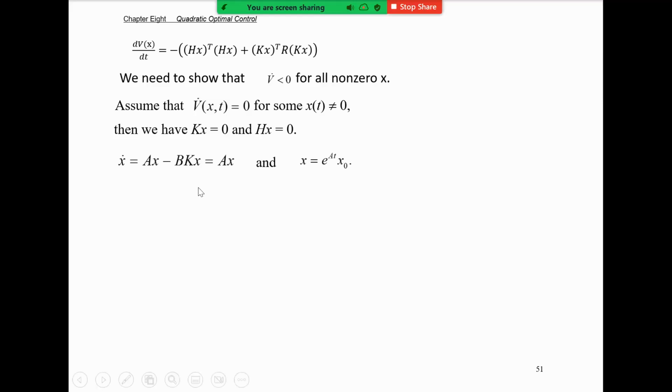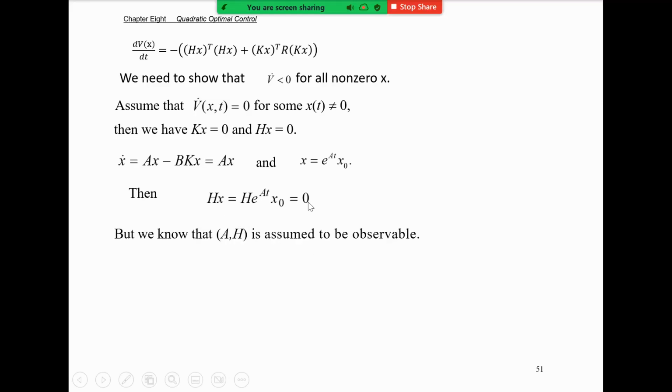Now, then we say, okay, this is the equation for the system, right? We know if kx equals 0, we have a system x dot equals ax. And this is its output, h times x.